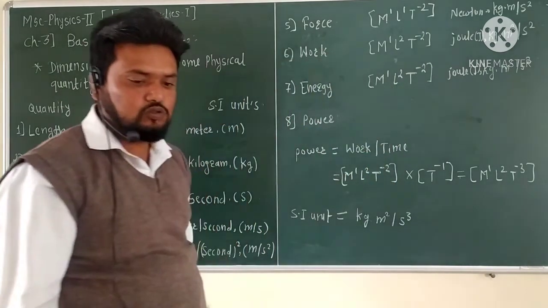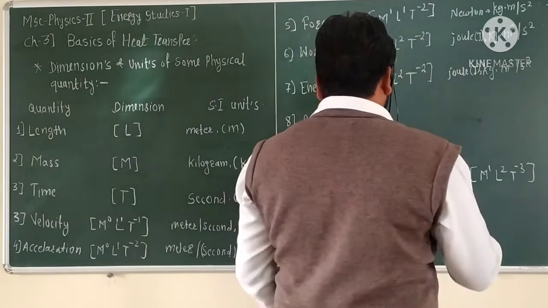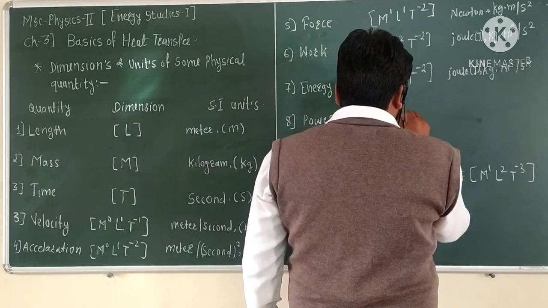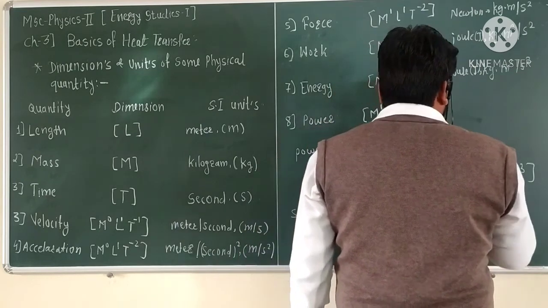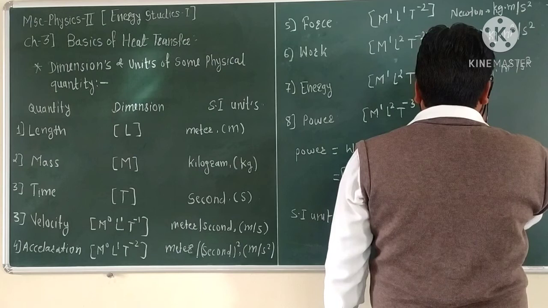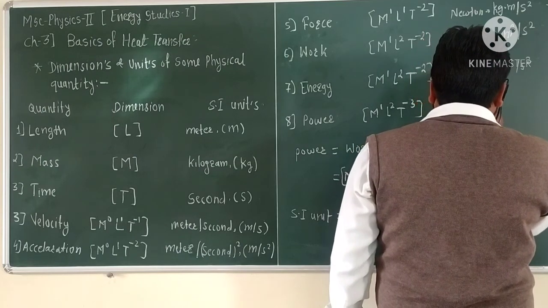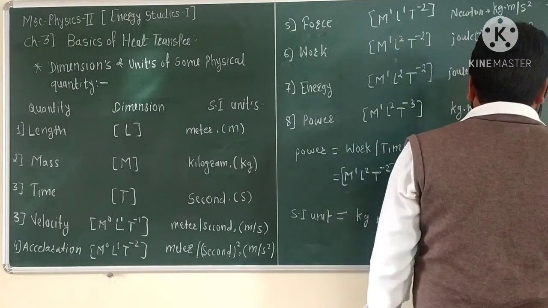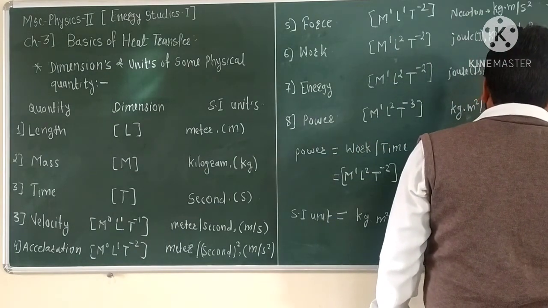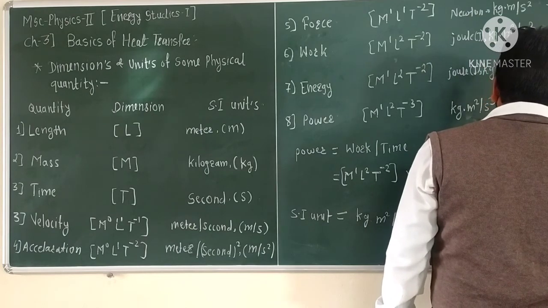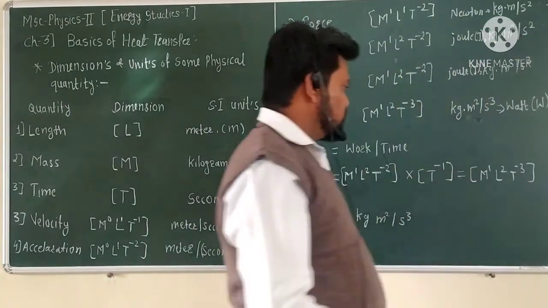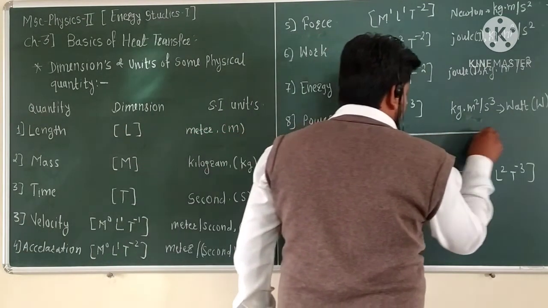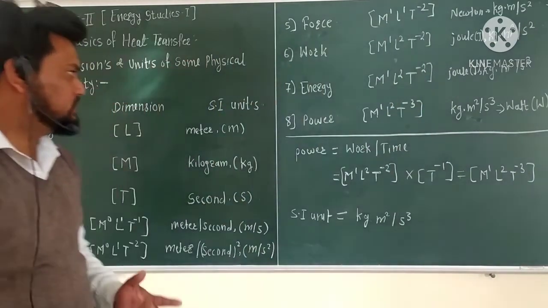So the dimension of power is M^1 L^2 T^-3, and its SI unit is kg meter square per second cube, which is nothing but the watt, denoted by the capital W. So these are the different physical quantities.